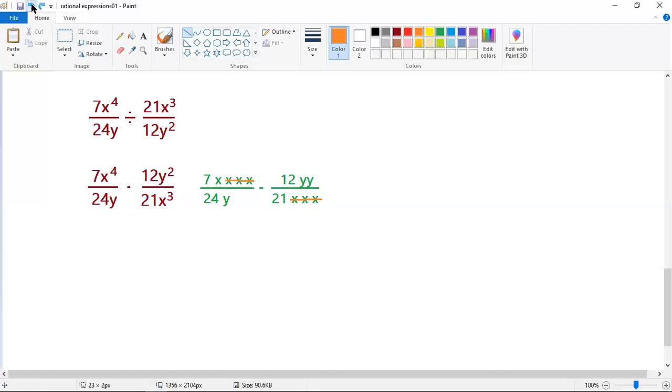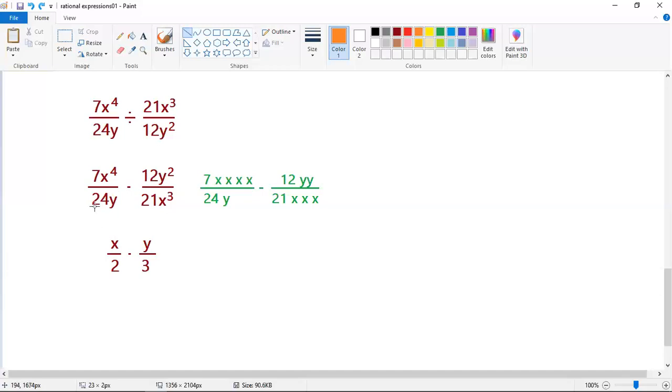You can have this answer, which is x over 2, y over 3, because the 7 with the 21, the greatest common factor is 7. So 7 divided by 7 is 1. 21 divided by 7 is 3. That's why you're getting a 3 here.